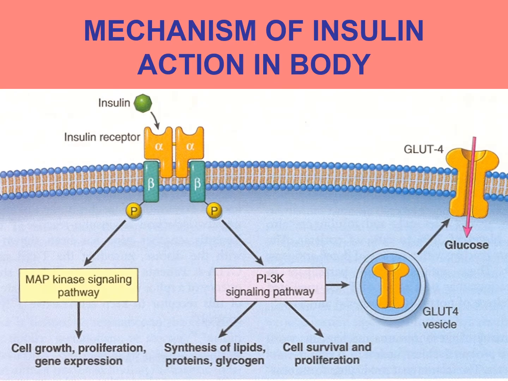Insulin is not only responsible for controlling the level of glucose in the body, but it is also known as a mitogen hormone. It controls a lot of things in our body. For example, it can control the cell growth, proliferation, and the gene expression by the different cells, that is the mitogen activated protein kinase signaling pathway, and the phosphatidylinositol 3 kinase signaling pathway, which is responsible for the synthesis of the lipids, proteins, and the glycogen.